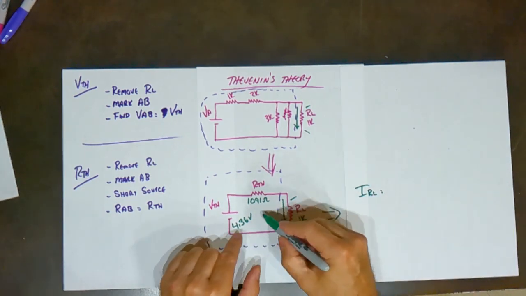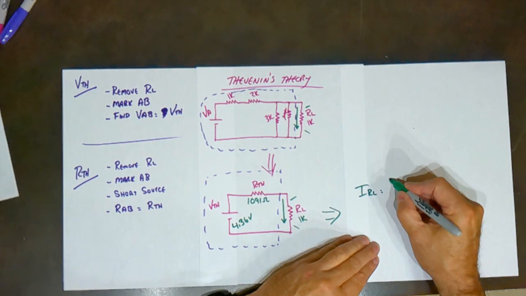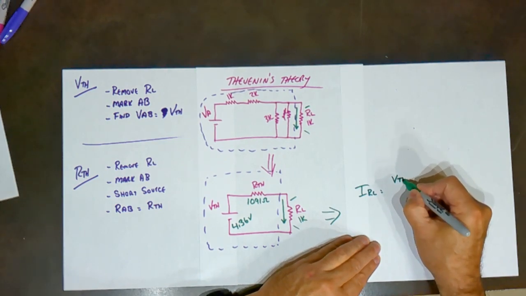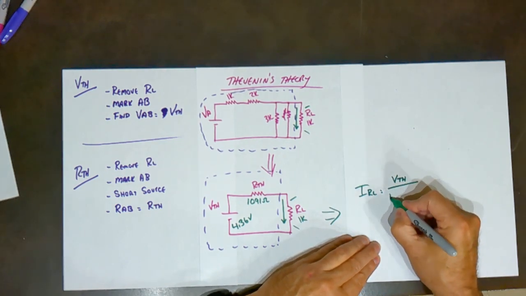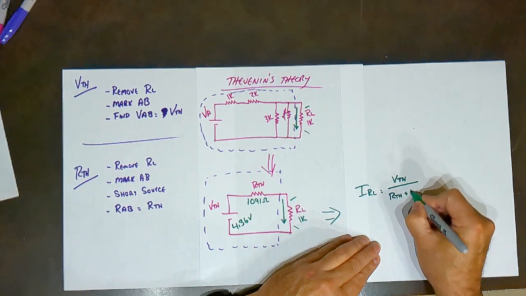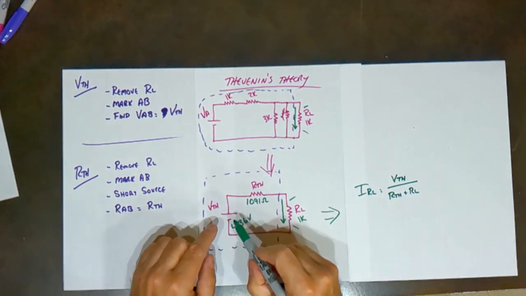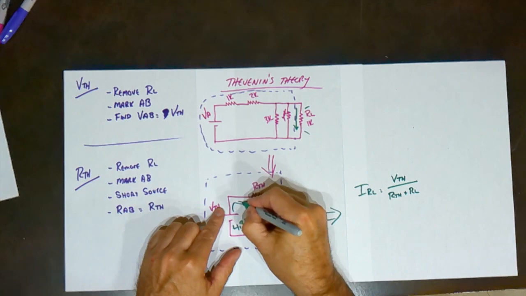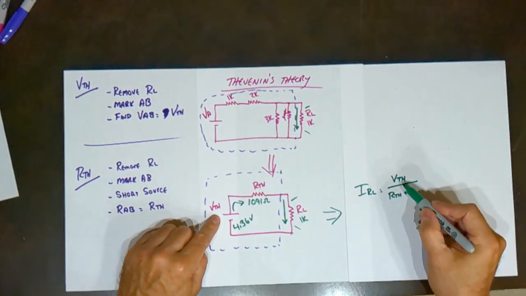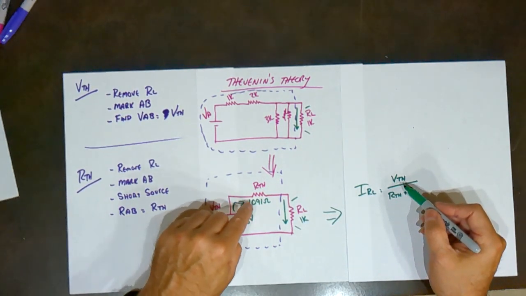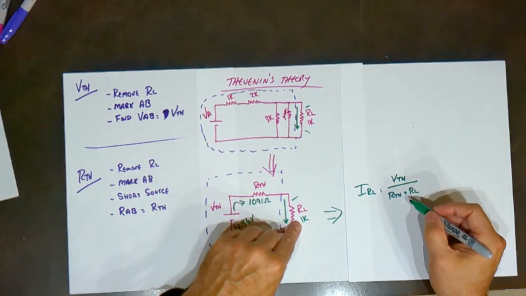So current going to the load in this case is V Thevenin divided by R Thevenin plus RL. All we're doing is calculating the current that's going to be flowing through that circuit. So V Thevenin, that's the voltage, R Thevenin plus RL.